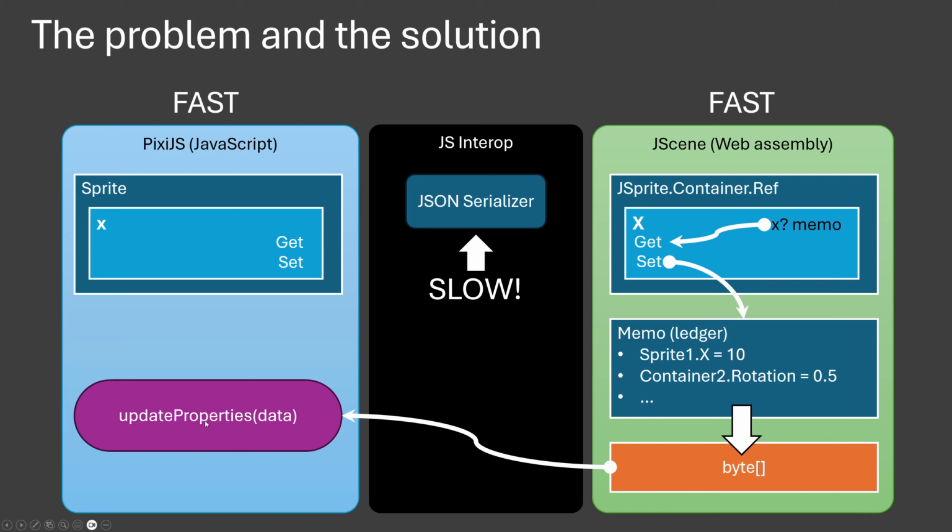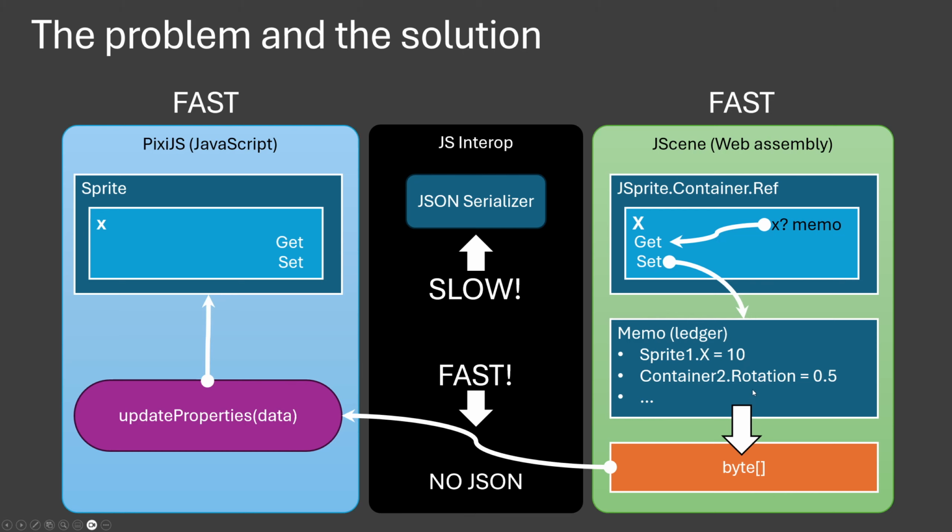And here's the trick: when we push the byte array over, JS interop is still involved, but we don't have JSON serialization. So the overhead is in constructing the ledger, there's a little bit of overhead there, but it's not much.